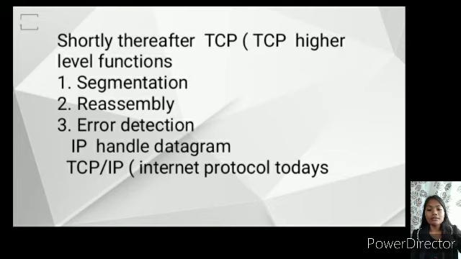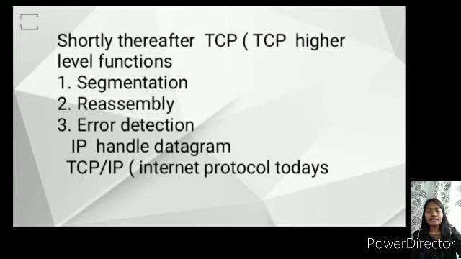Segmentation is splitting larger blocks into smaller ones. Then third is error detection. In error detection, the sender inserts error-detecting bits and the receiver checks these bits. If okay, acknowledge. If error, discard the packet.